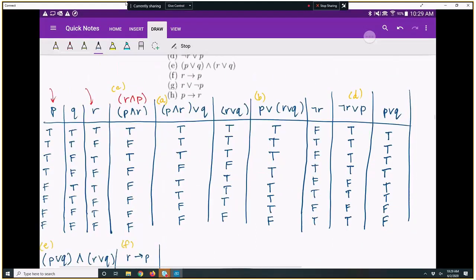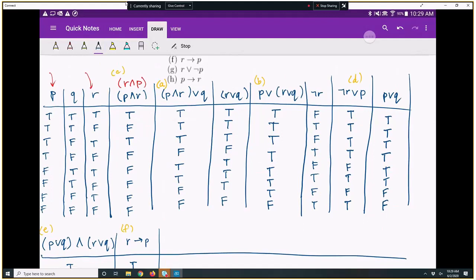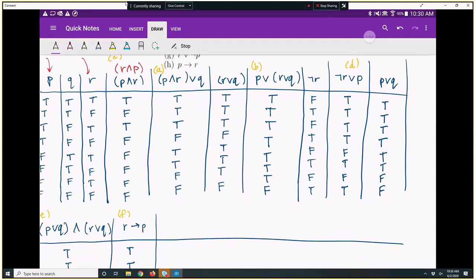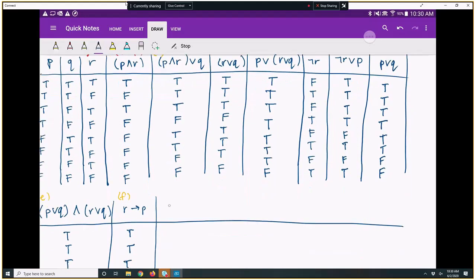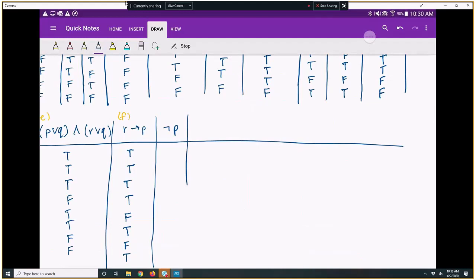Letter G is R or not P. So I can make a column for not P. And that's going to be false, false, false, false, true, true, true, true.